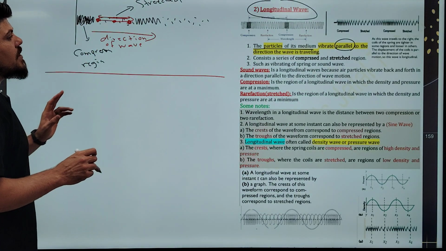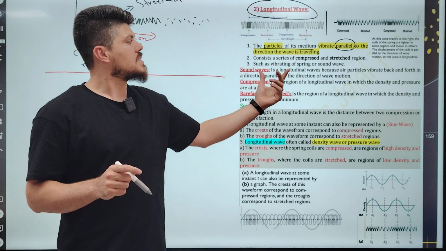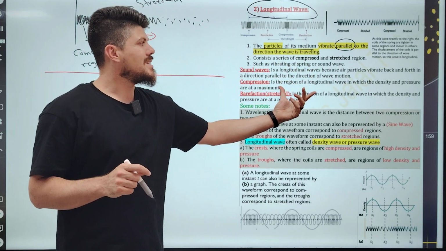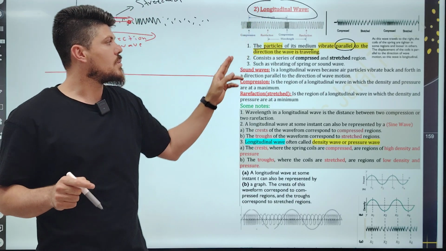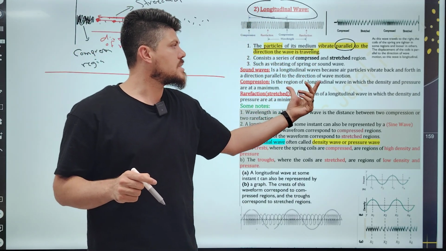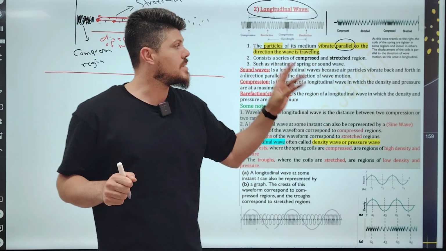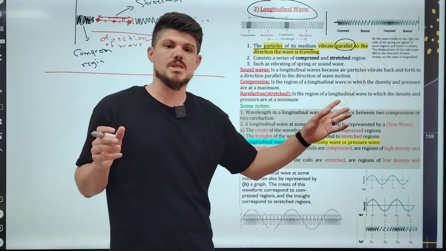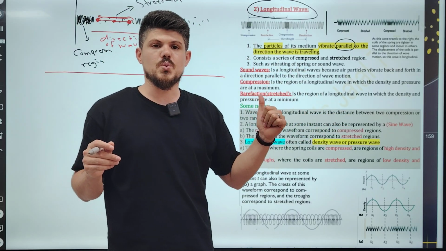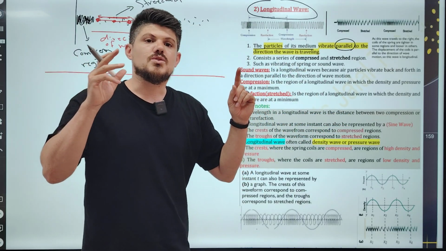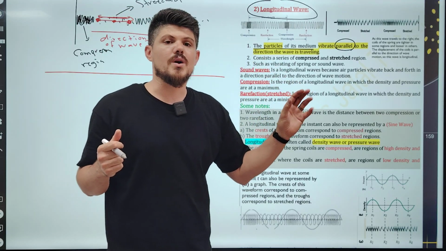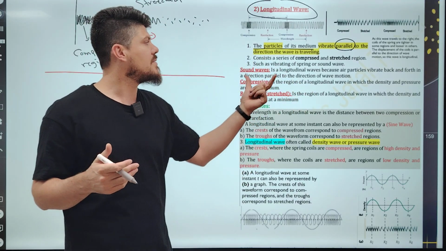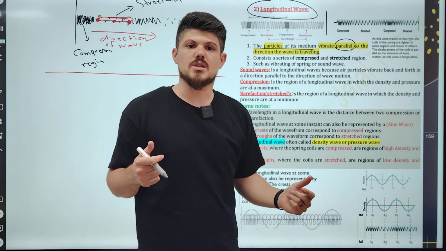Longitudinal wave consists of what? A series of several compressed and stretched regions. So this is another difference from the transverse wave. In a transverse wave, we had crests and troughs, but in the longitudinal wave, instead of crest and trough, we have compressed and stretched regions.